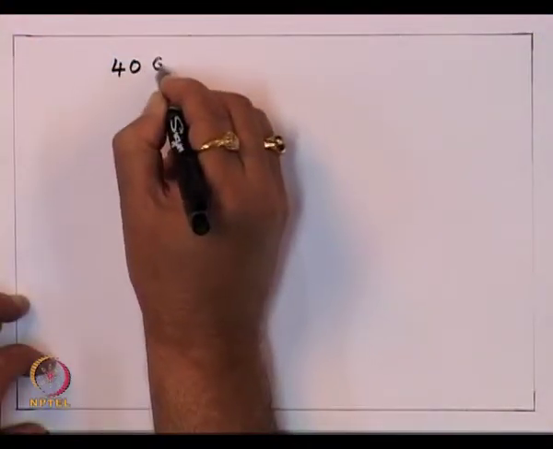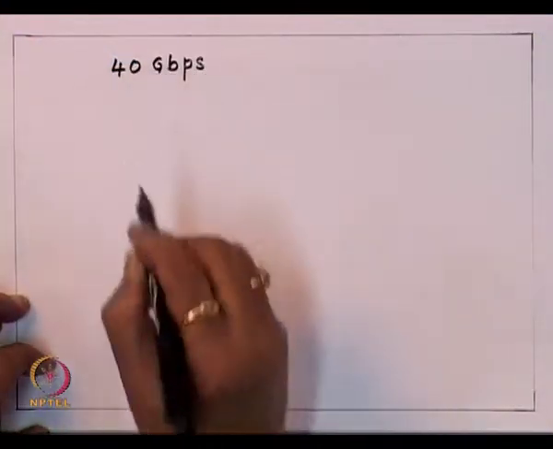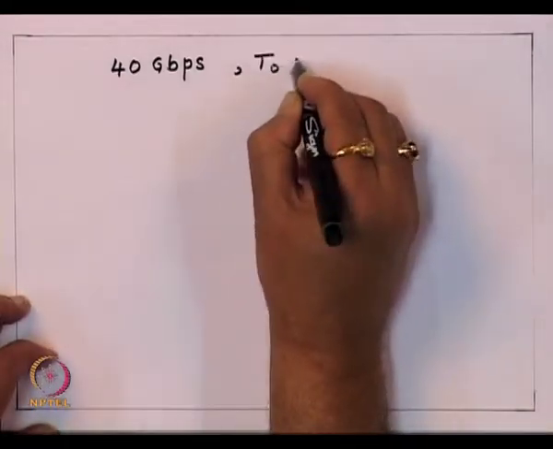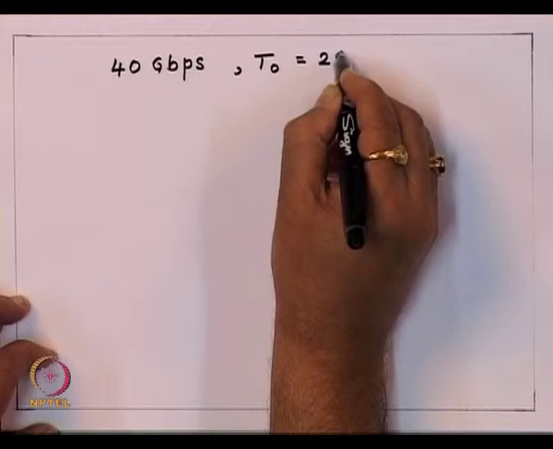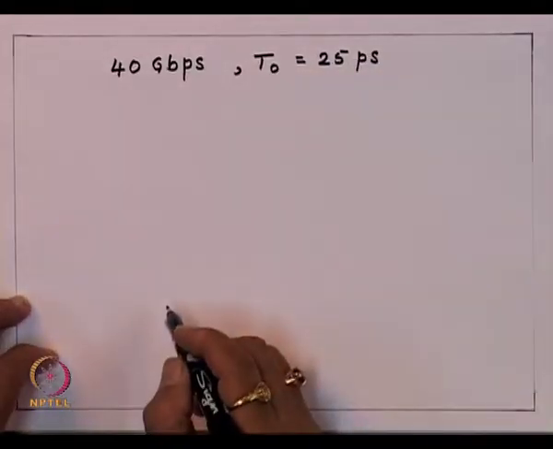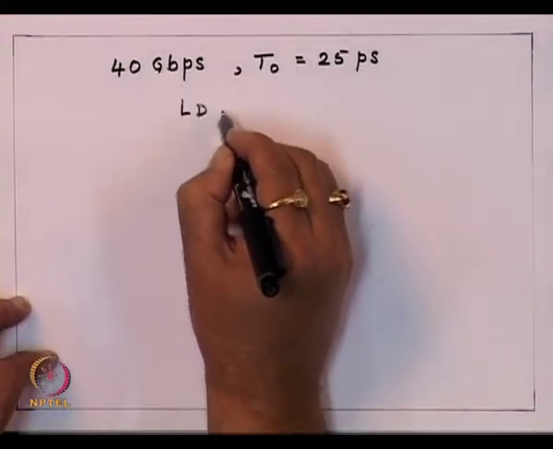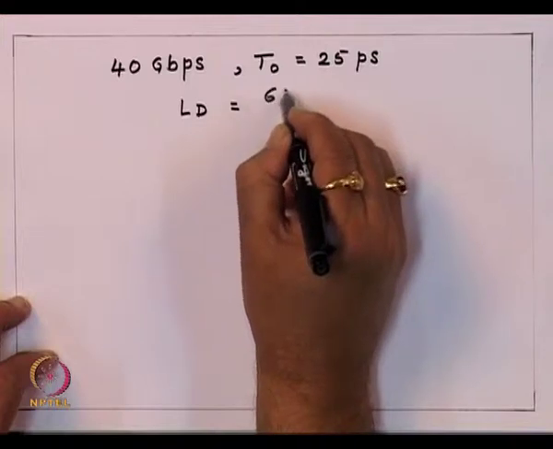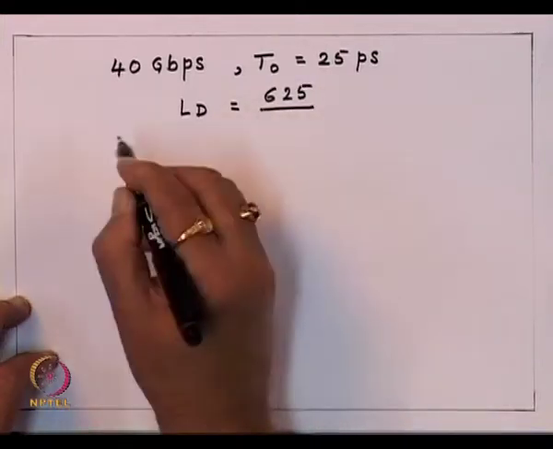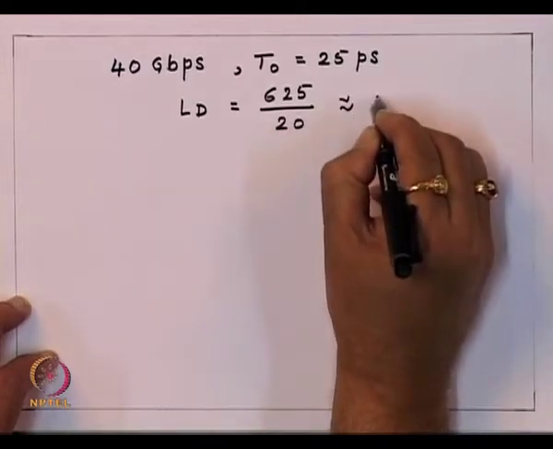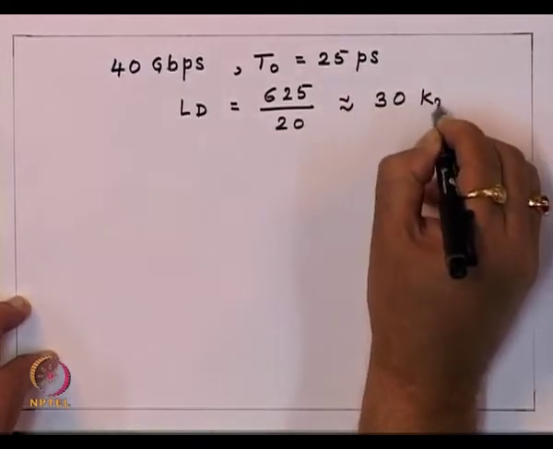For example, if you consider 40 Gbps data, that will give a pulse width T0 of 25 picoseconds, and that will lead to a dispersion length of 625 divided by beta 2, which is 20, so of the order of about 30 kilometers.